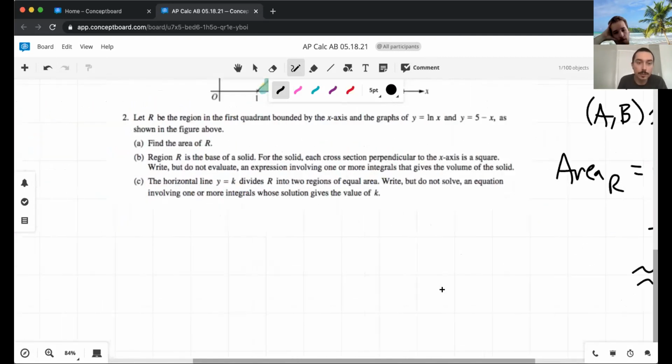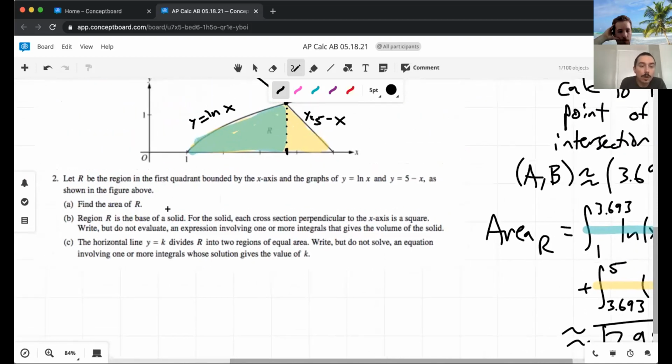Let's see if we can do B. Region R is the base of a solid. For this solid, each cross-section perpendicular to the x-axis is a square. Write but do not evaluate an expression involving one or more integrals that gives the volume of the solid. So perpendicular to the x-axis, you can imagine I have these kind of squares here. I'm going to draw them kind of raised like that.